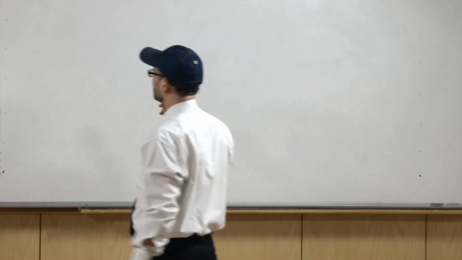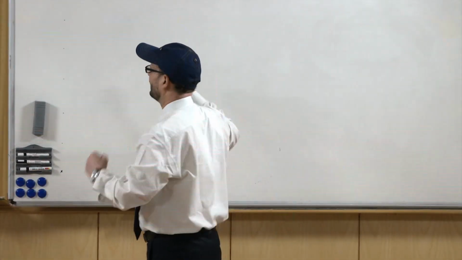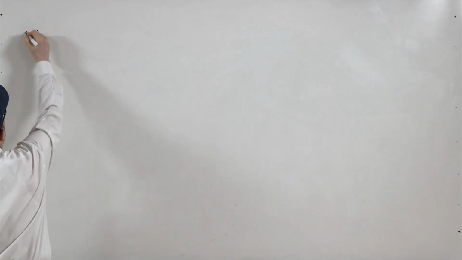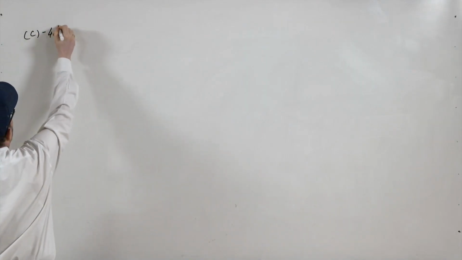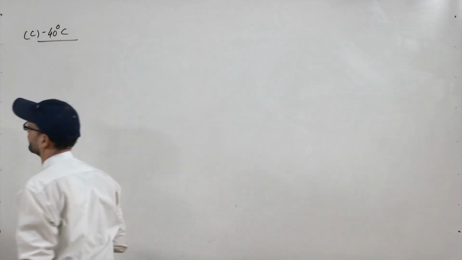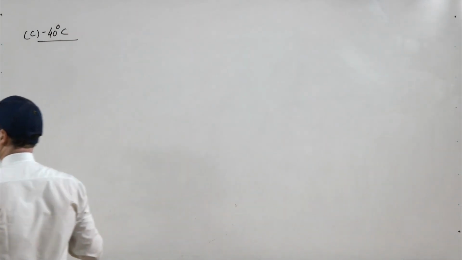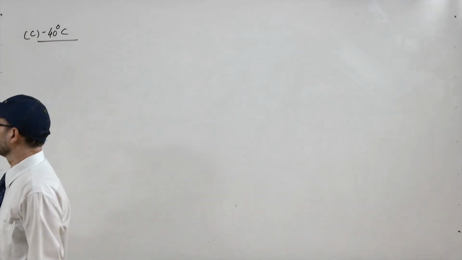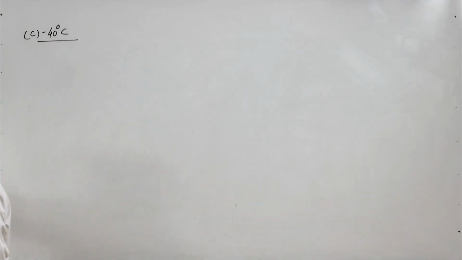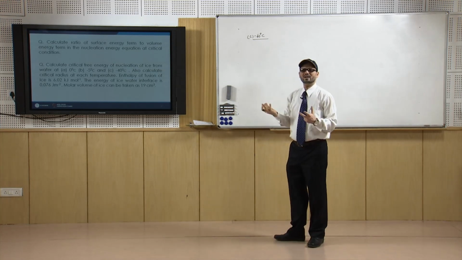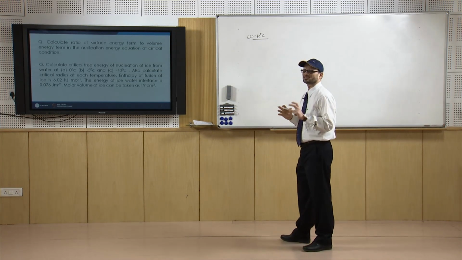Next, we have to calculate the same thing at minus 40 degrees C. In the same expression, now your delta T is 40, whereas in the earlier case it was 5.